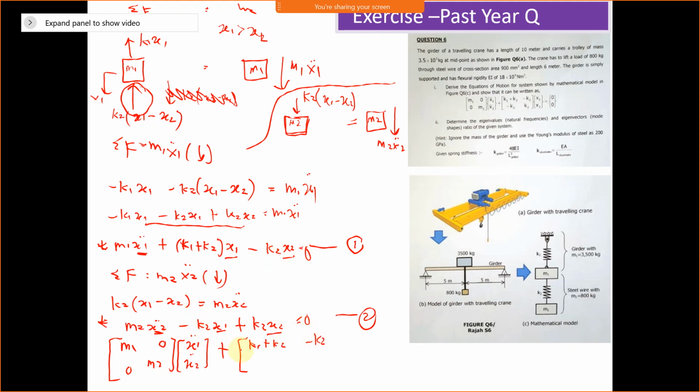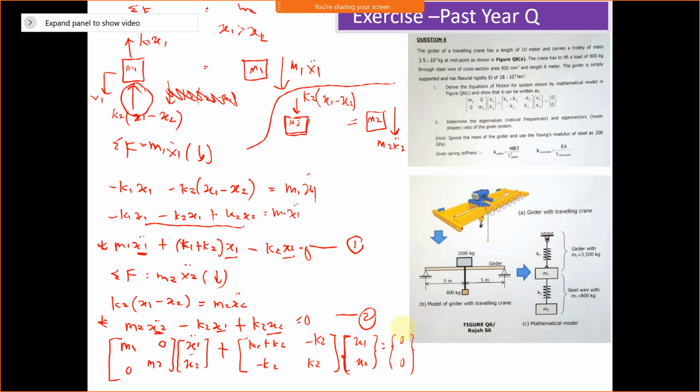Yang bawah kita ada negative k2, and then kita ada k2. Okay, so then kita ada x1, x2 equals to 0. Okay, clear?